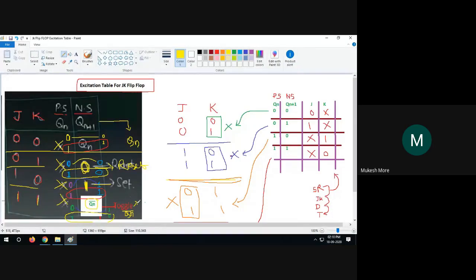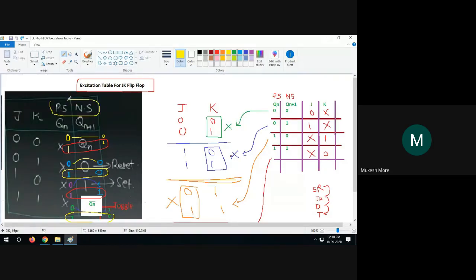Okay, now our objective is to design the excitation table for JK flip-flop. To design the excitation table, we have to consider the outputs of JK flip-flop. So there are two outputs, present state and next state. And from those outputs, we have to determine the JK inputs.